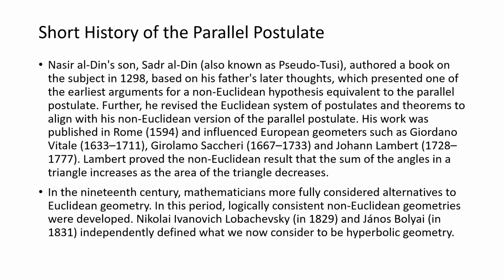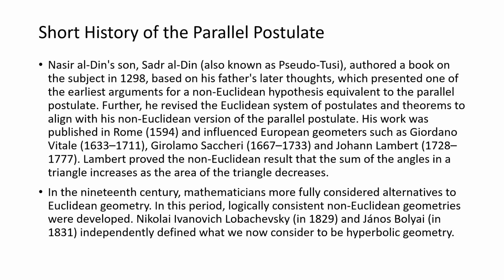Nasir al-Din's son, Sadr al-Din, also known as Pseudo-Tusi, authored a book on the topic in 1298 based on his father's thoughts. And he also revised the Euclidean system of postulates and theorems to align with his non-Euclidean vision of the parallel postulate.